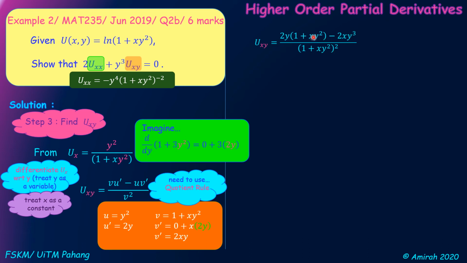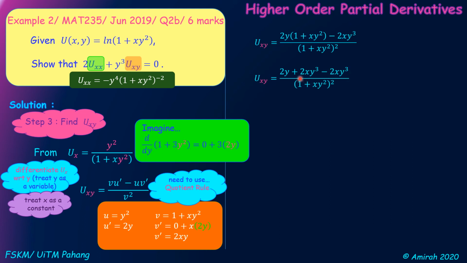After that, we need to expand and simplify the numerator. So we have uxy equals, when we expand, 2y plus 2xy cubed and then minus 2xy cubed.